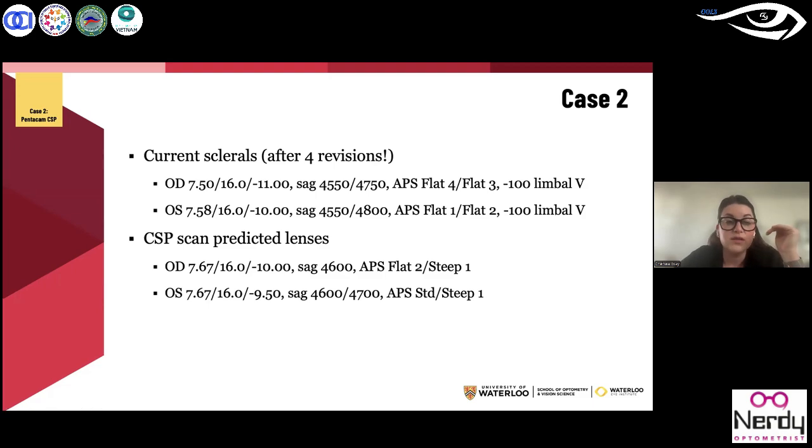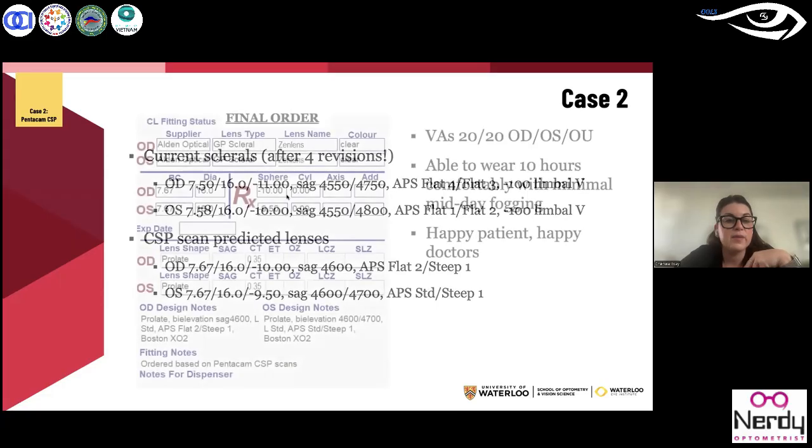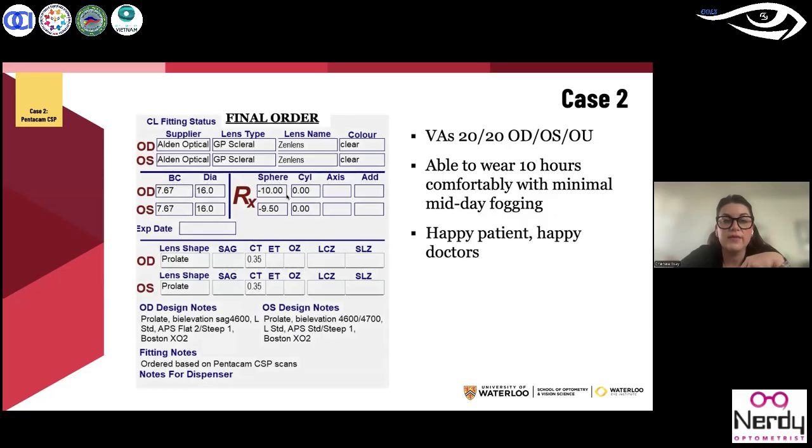The original lenses honestly did not look that bad at the slit lamp, and so this is where scleral profilometry can really be invaluable. We just could not seem to get that alignment. The first lens that we ordered, she was able to wear 10 hours comfortably with minimal midday fogging.